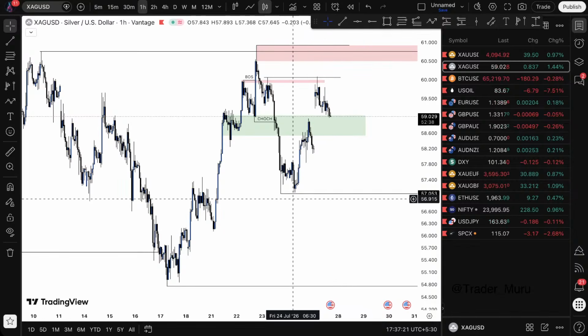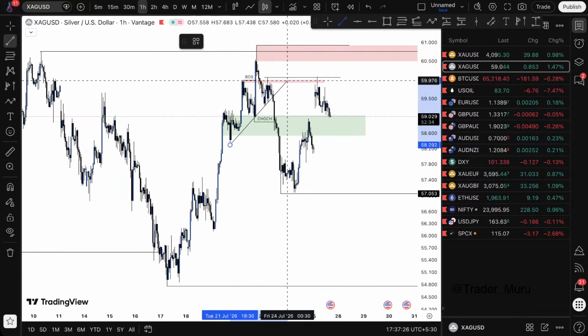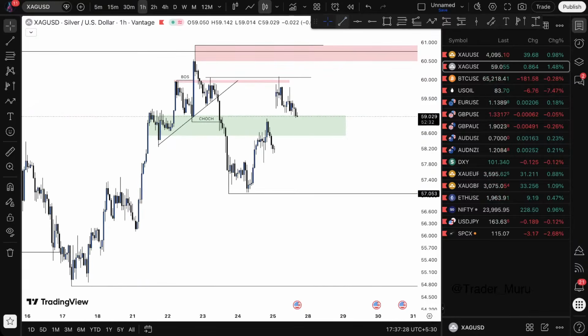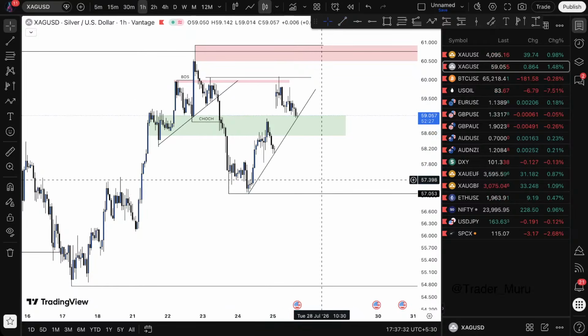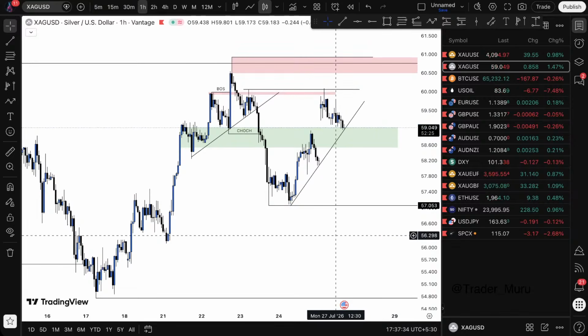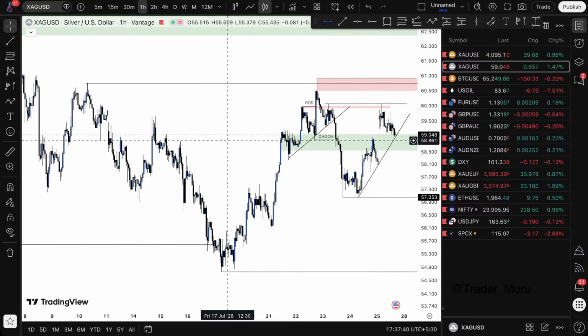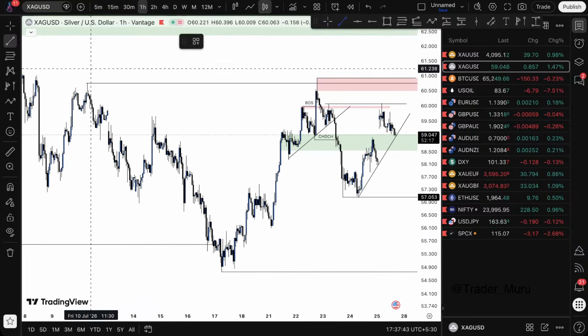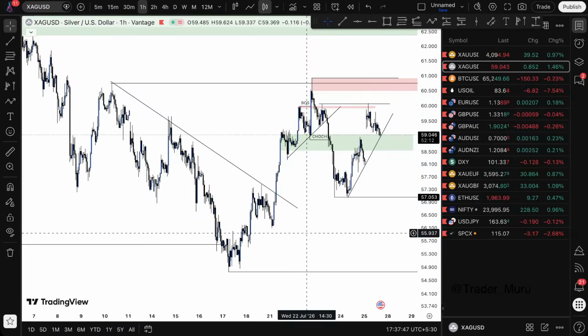See here, you can see clear trend lines. This one, this one, this.